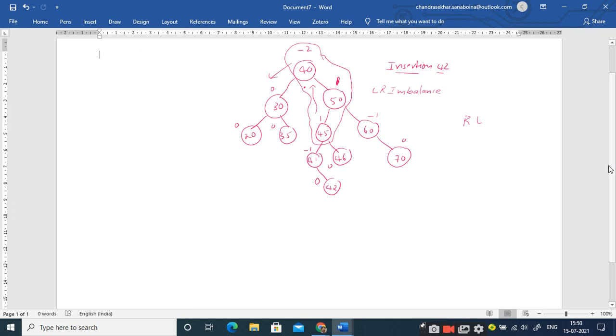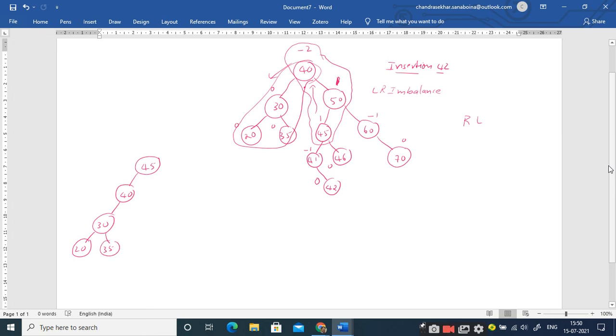So what is the final tree I will get? Can anybody tell me? 45 will become the root node. Am I right or not? So I pull 40, the entire tree should be pulled. If I pull this entire tree, what happens here? To the left of 40 I have 30, and to the left of 30 I have 20, to the right of 30 I have 35.